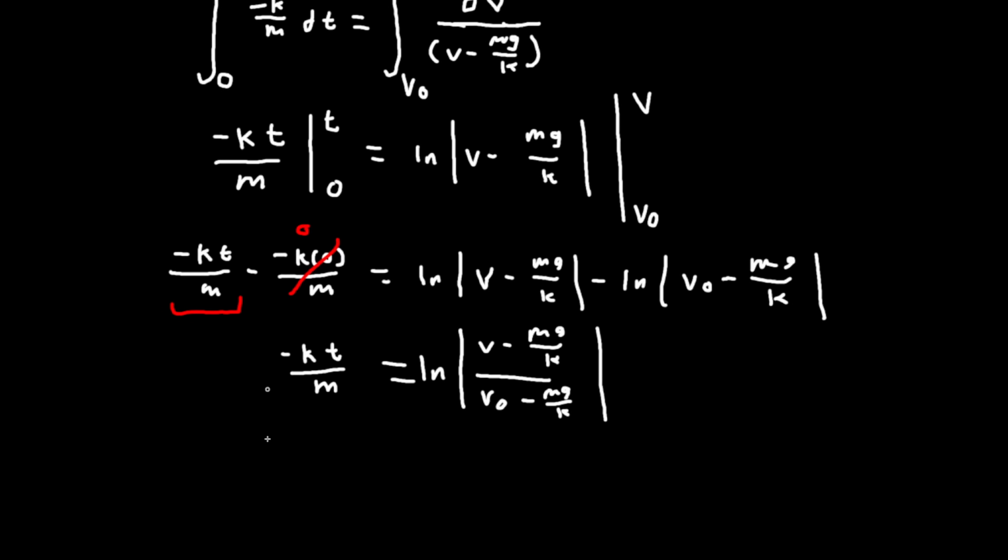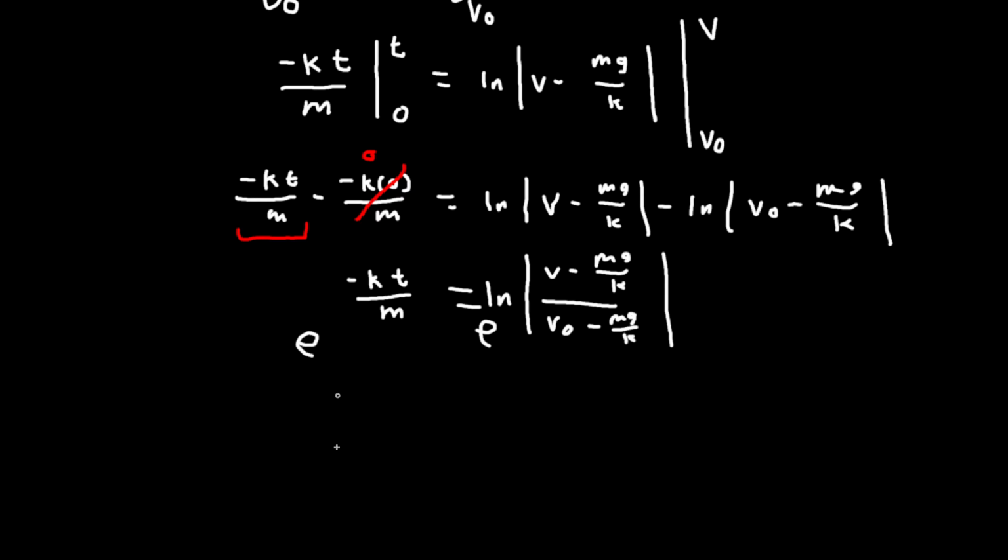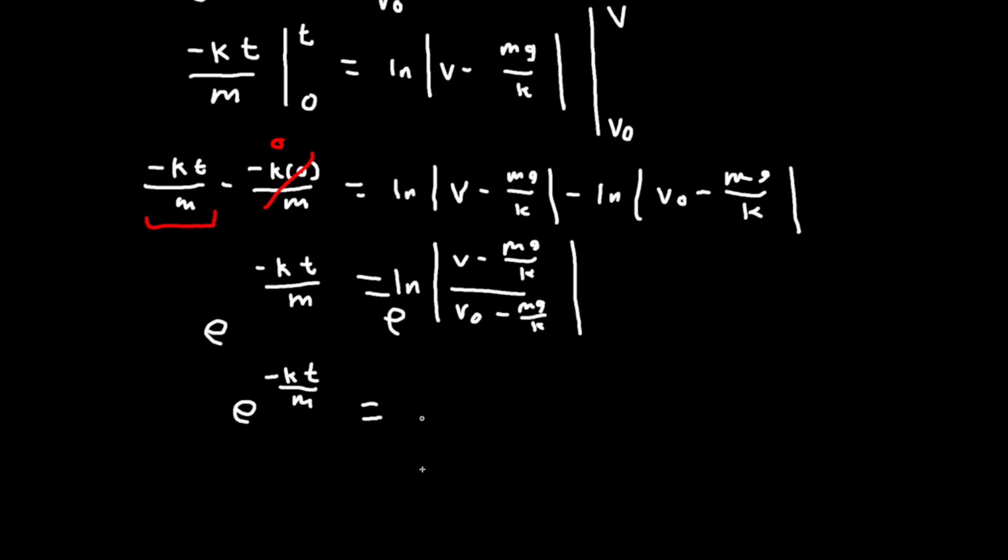So now we need to exponentiate both sides, which is just taking the exponential of this stuff and this stuff at the same time. So now on the left side of the equation, we have e to the negative kt over m equals, and then the e and ln on this side cancel.